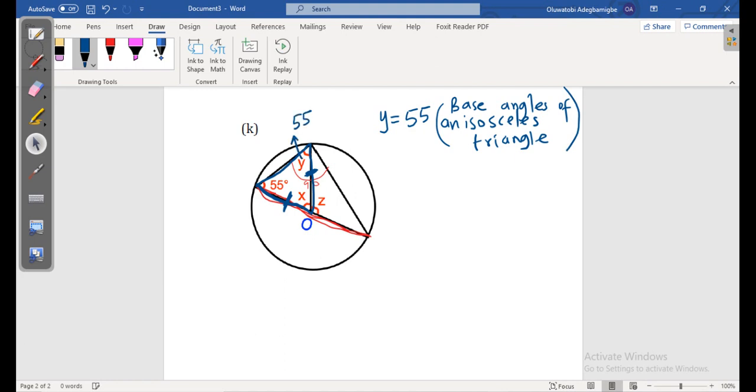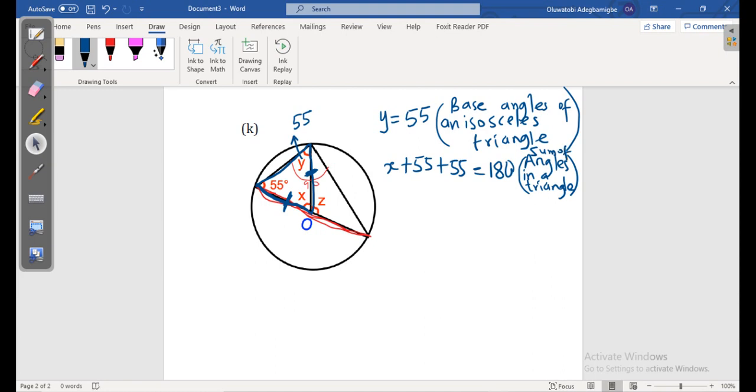To get my x becomes easier. Why? Because I can say x plus 55 plus the second 55 is equal to 180 degrees. And what is the reason? The reason is because angles in a triangle, or rather can we say sum of angles in a triangle.